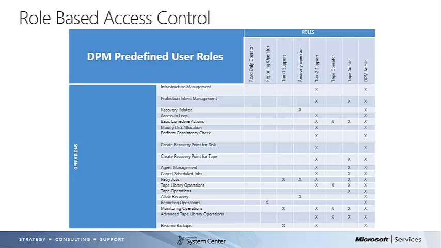If you want to meld some of these together, if you think that one is too restrictive, but another one gives too much permission, you can take the role that you want to modify, make a copy of it, give it your own name, take away permissions that you don't want, add permissions that you do, and then test that to make sure that it has the permissions that you feel like it should.